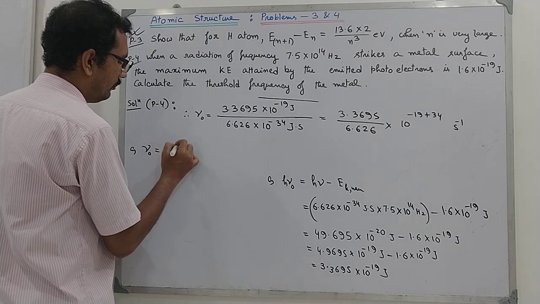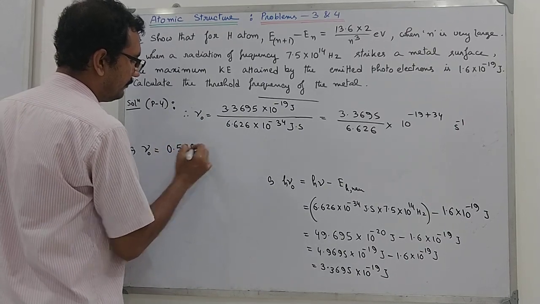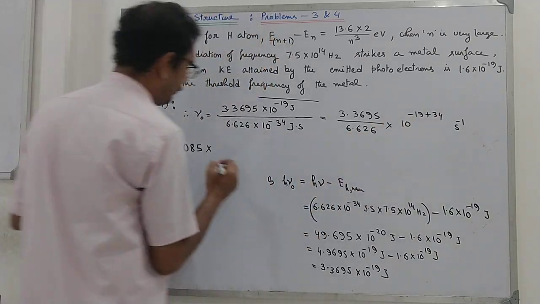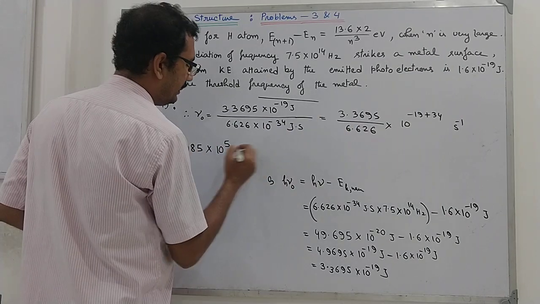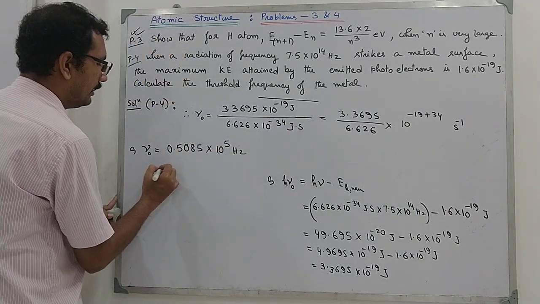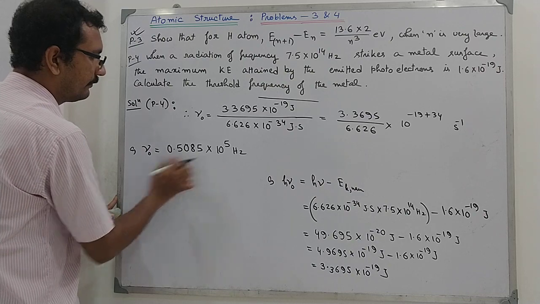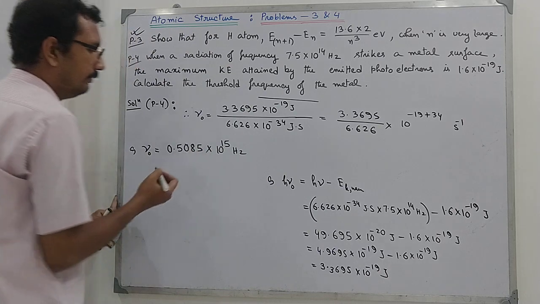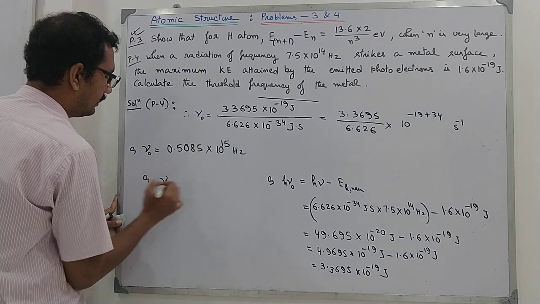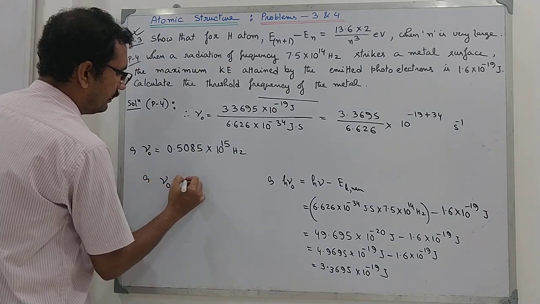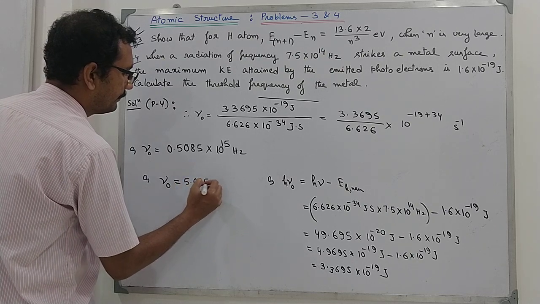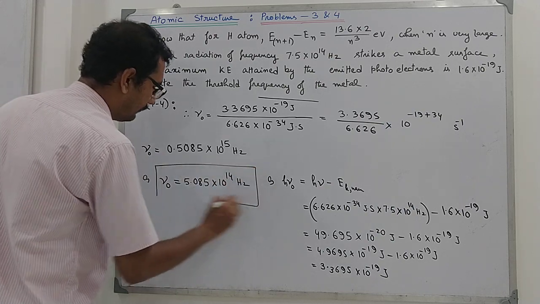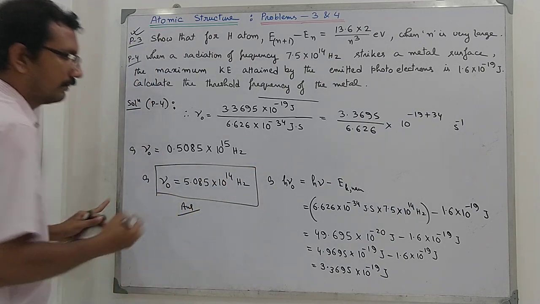So it is 0.5085 into, you see here, what will be the value? It will be 10 to the power 15, and the second inverse will be Hertz. You take a 10 factor from this 10 to the power 15. 34 minus 19 equals 15. So the threshold frequency nu 0 is 5.085 into 10 to the power 14 Hertz. So this is the answer.